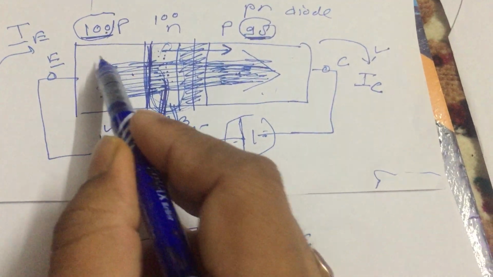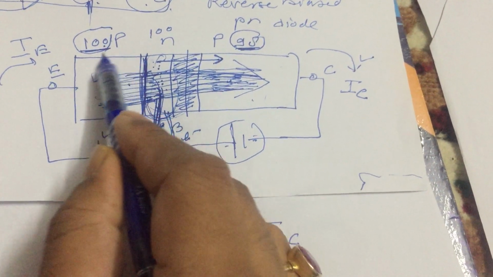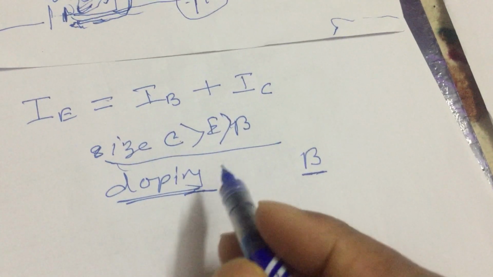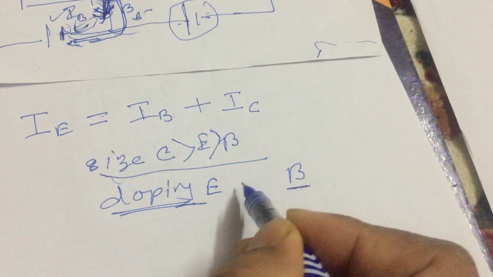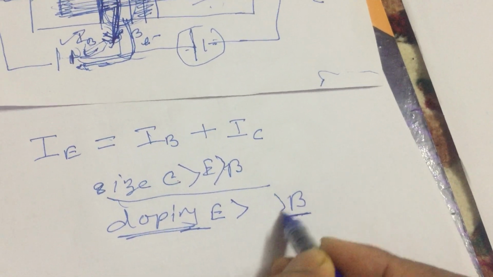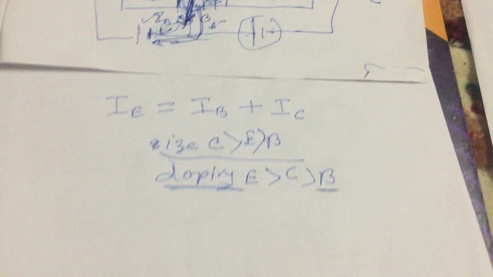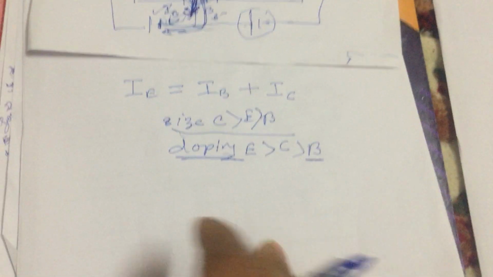Again, we want the emitter current to be high, so we put maximum doping in the emitter region. To make maximum emitter current, we put maximum doping in the emitter and least in the base, and the collector is in between these two. So we use different sizes and different doping levels because of our current requirements.